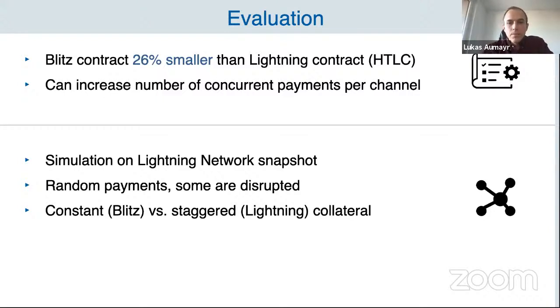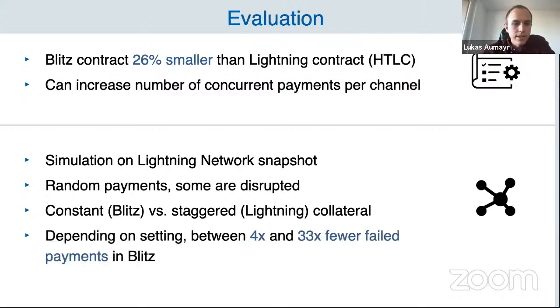And then we ran the rest of the payments, and we actually found out that depending on the setting, so actually how many payments are disrupted, how many payments we send through the channels, and what value these have, we have between 4 times and 33 times fewer failed payments in Blitz than in Lightning.